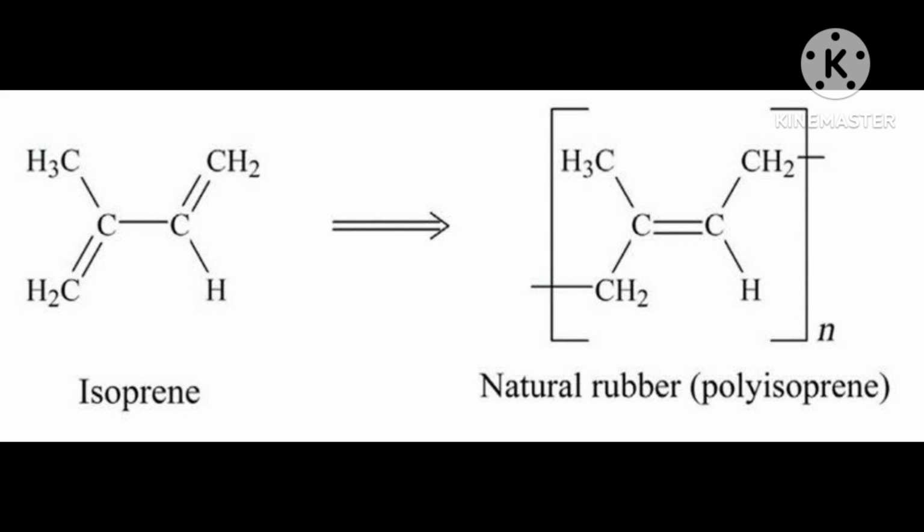Then first and second will each get one electron. Then second and third also each have one electron, hence both can make a double bond. This was the single bond, and now it became a double bond, because both electrons form one bond. Where the single bond was, it became a double bond, and where the double bond was, it became a single bond.